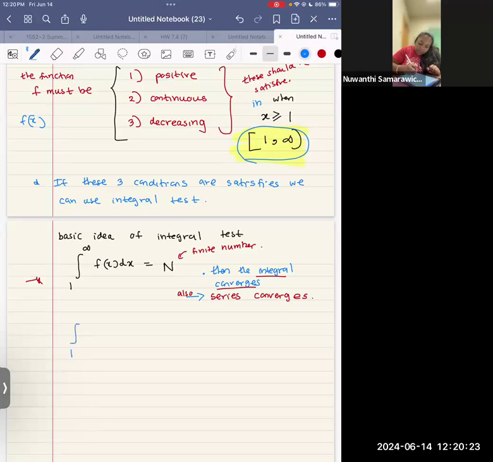If the integral is infinity or negative infinity, then the integral diverges, and then we can say the series diverges.